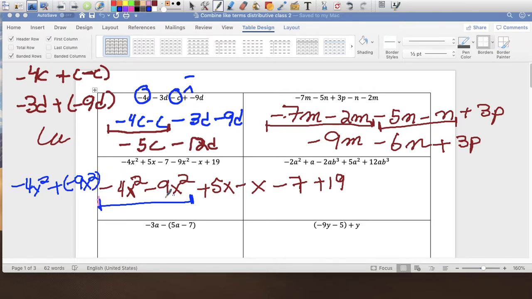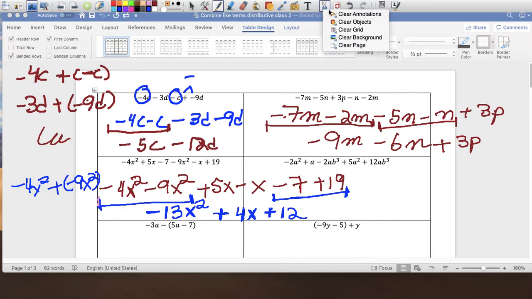And they're both negative, so that becomes negative 13x squared. Plus 5x and minus x, that's simple enough, right? You have 5x, and you take away 1, you end up with positive 4x. And then this negative 7 plus all the way to the 19 is just going to give you plus 12.